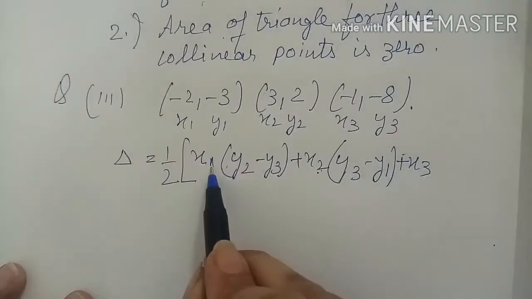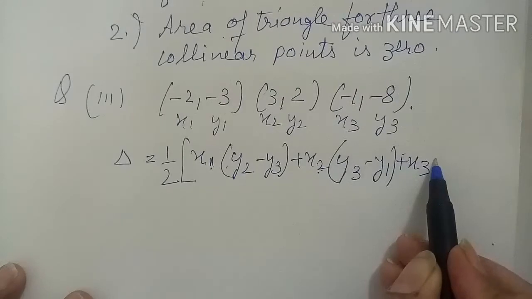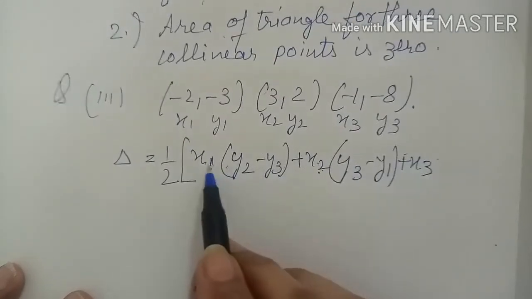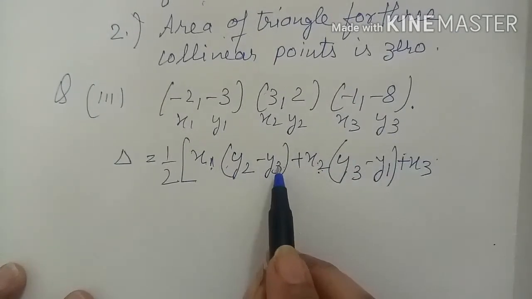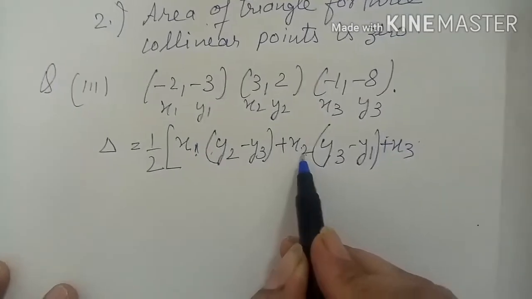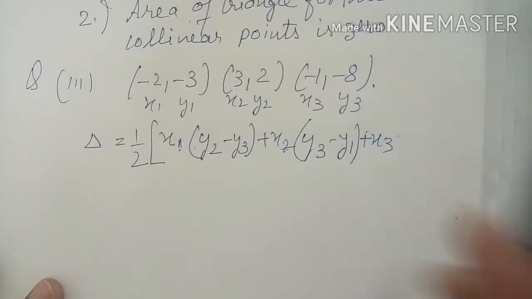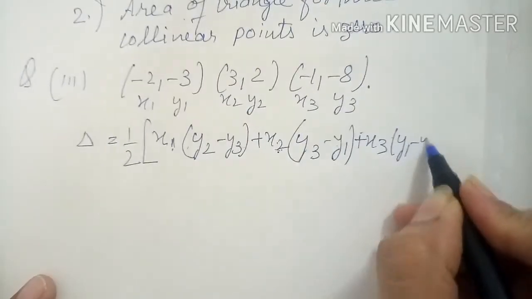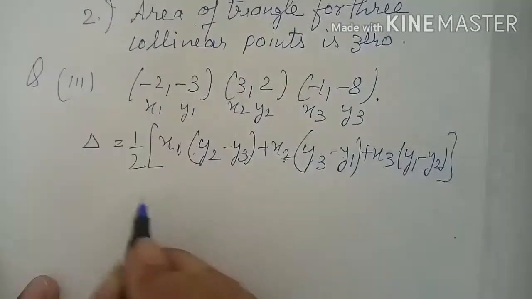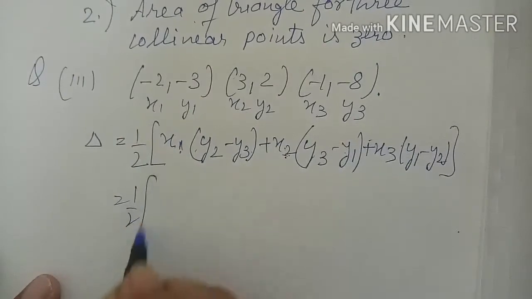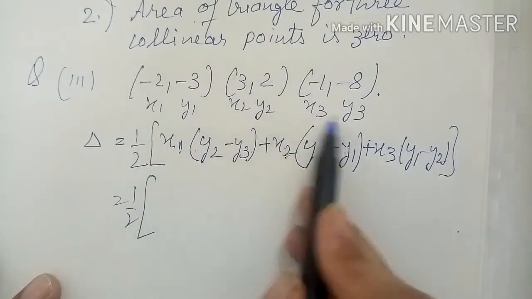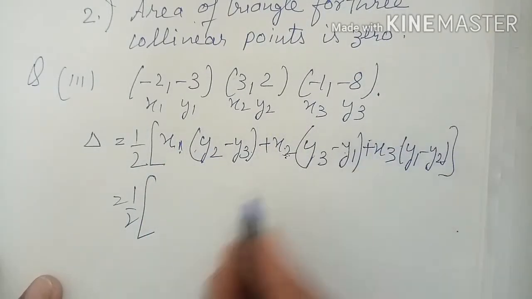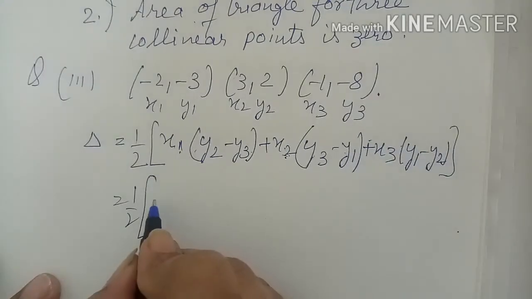Just see, x1 x2 x3, and inside the bracket it depends, after 1 it will be 2 and 3, after 2 it will be 3 and 1, and then after 3 it will be 1 and 2, y1 minus y2.